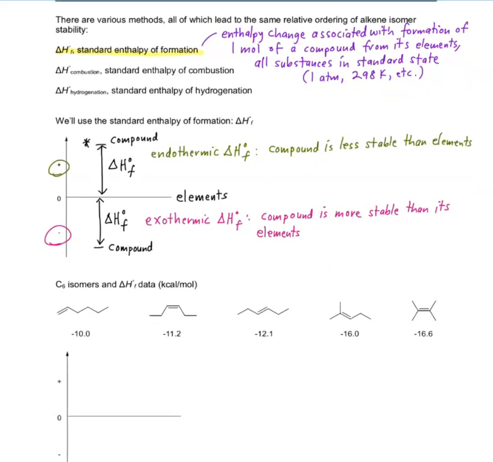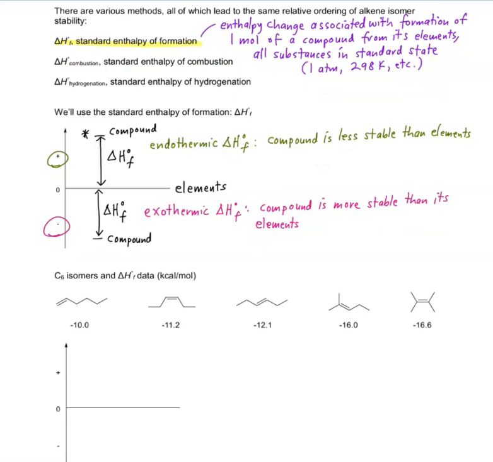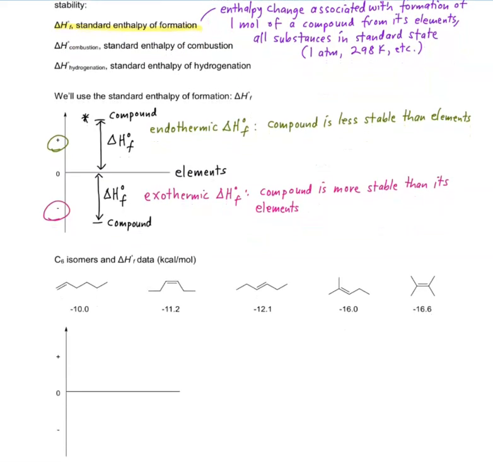Okay, so let's take these ideas and combine them with what we know from the previous page. Here's a set of alkene isomers. They're all C6, they have the same molecular formulas, and we also have the heat of formation data. Those are the numbers that are printed under each structure. We can go back and use the degree of substitution to predict the order of stability here.